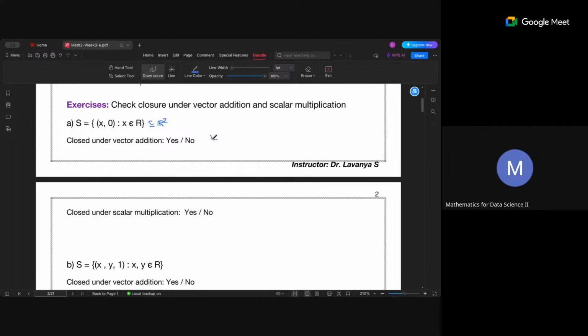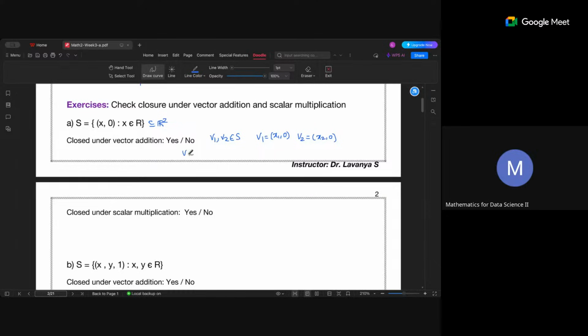We need to take two vectors, V1 and V2 from S, and we want to check whether V1 plus V2 belongs to S. Now, V1 and V2 belonging to S means V1 should be of the form some x1 comma 0, and V2 should be some x2 comma 0, right?